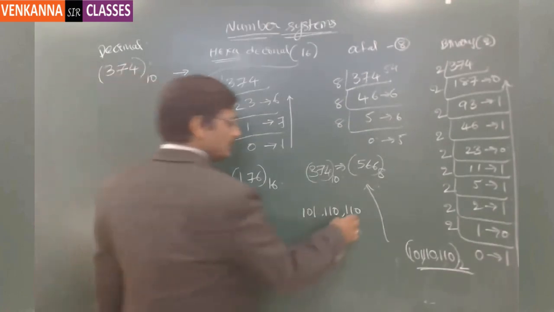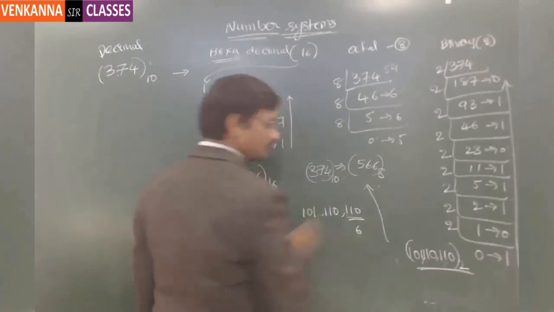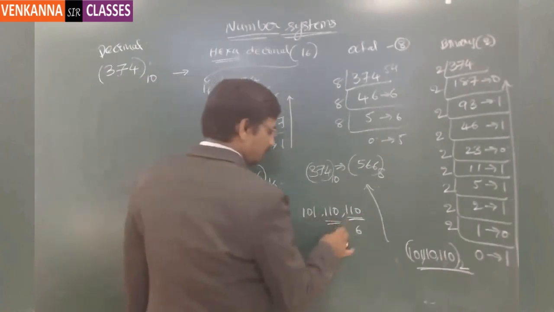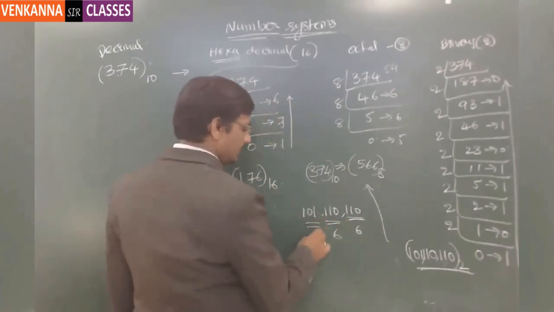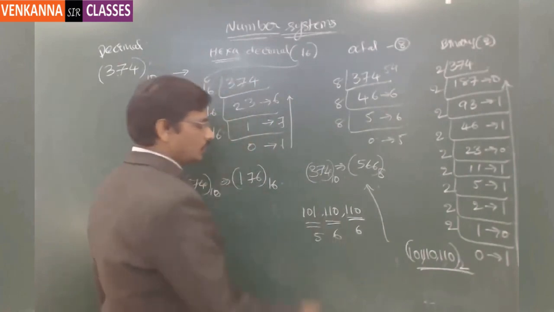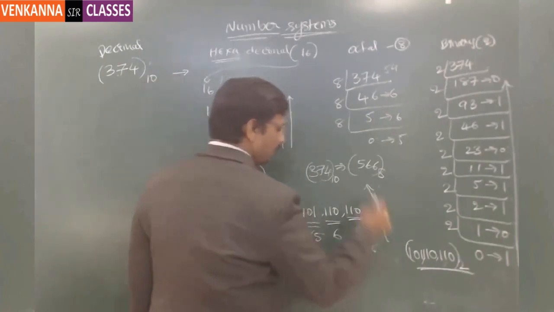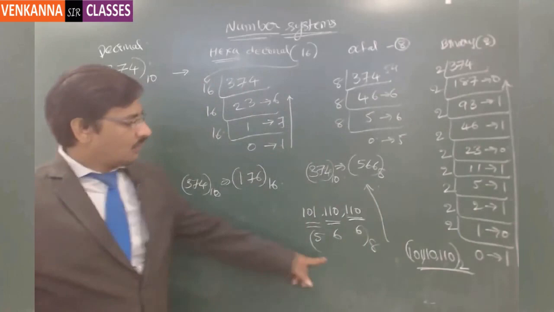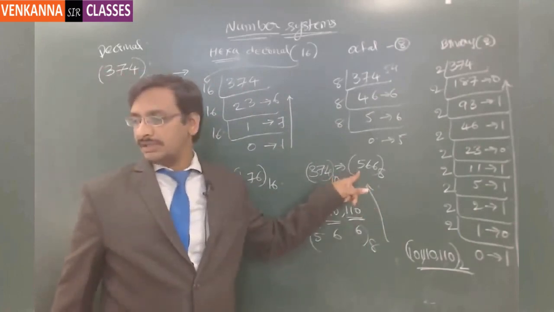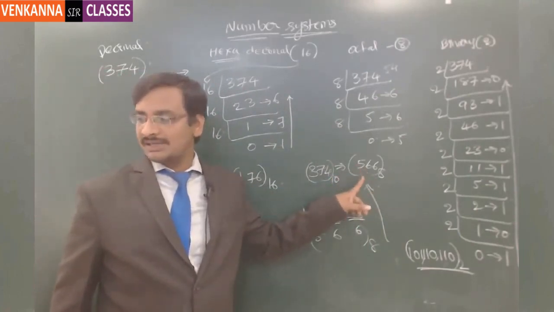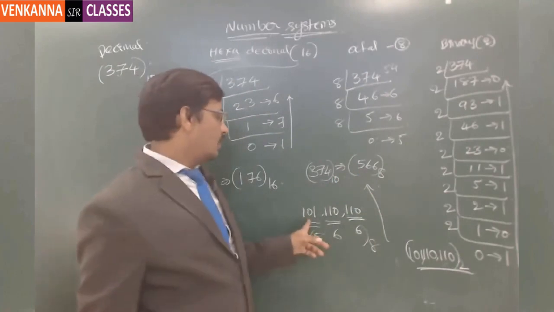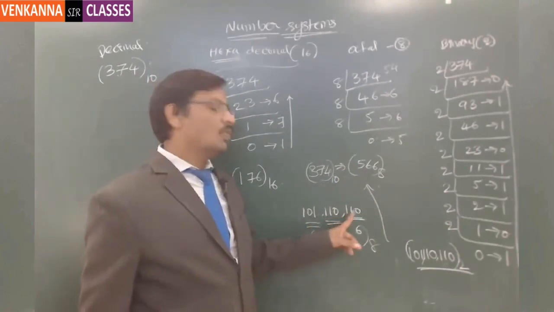If you notice, this is 6, this is again 6, and this is 5. So this is the base 8 number 566, which we have constructed here. So 566 base 8 is equivalent to 101, 110, 110.